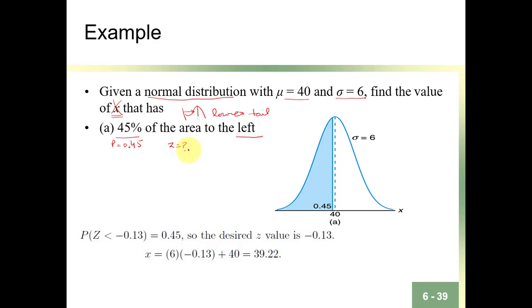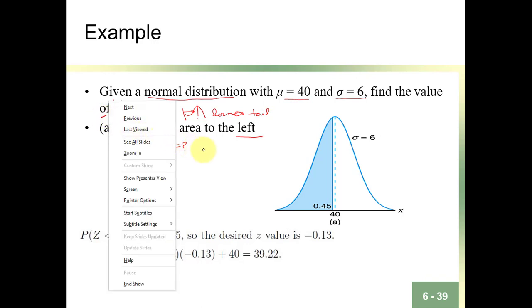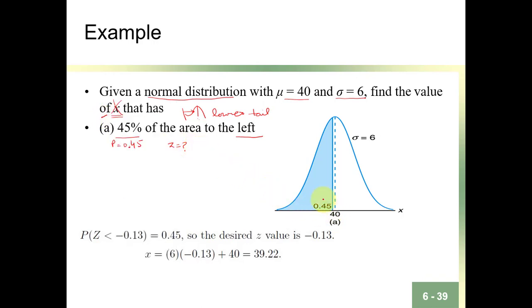What we have to calculate is such a value of x that contains 45% of the data to its left. So this is basically 45% area under the curve in the shaded region, that blue shaded region. So we have to find this point that is a little bit towards the left from the 40.